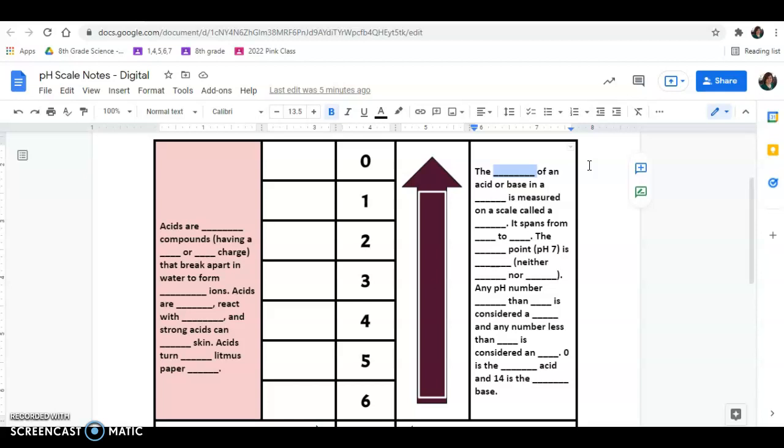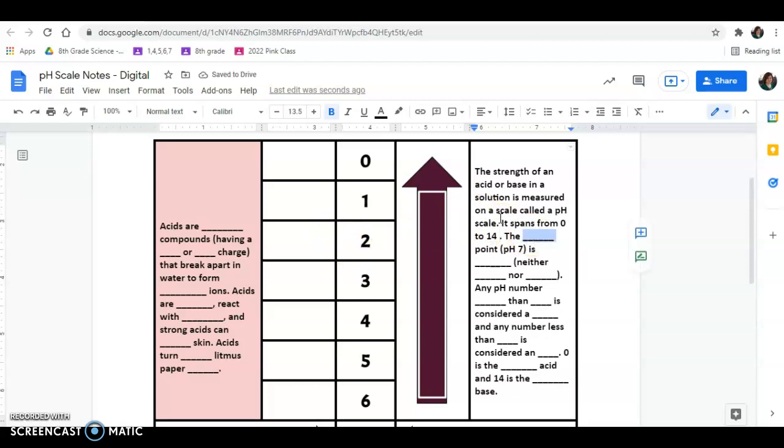So the first one, the strength of an acid or base in a solution, it's the second blank, is measured on a scale called a pH scale. It spans from 0 to 14.